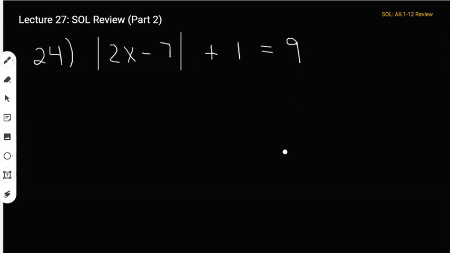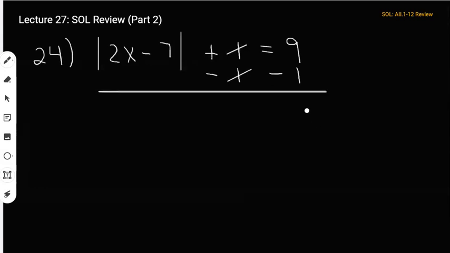So what could I do first to solve this? Eventually, I want to get x by itself, but to do that, I need to do a couple of things before that. First, I can get rid of this plus 1 by subtracting 1 from both sides. That'll get rid of the 1's.